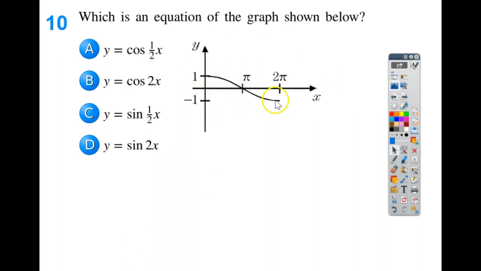So look, this goes to 2 pi, and it's only showing you half of the graph. So it's half of the cosine, right? So this is what I'm trying to tell you.